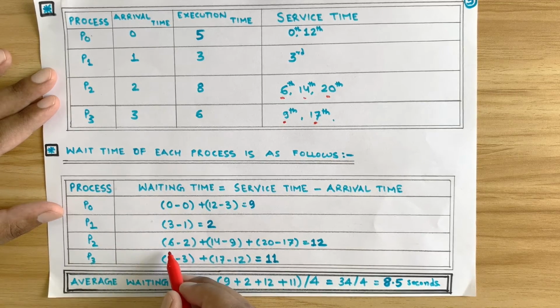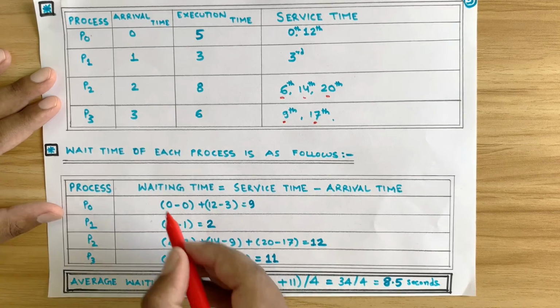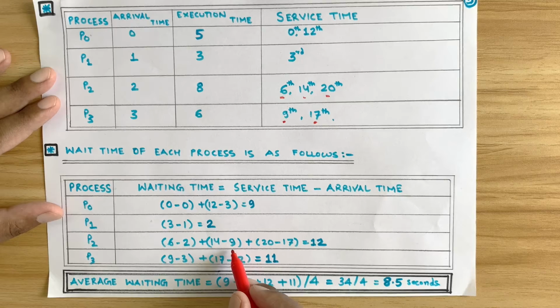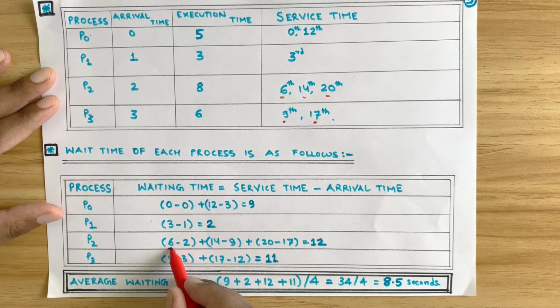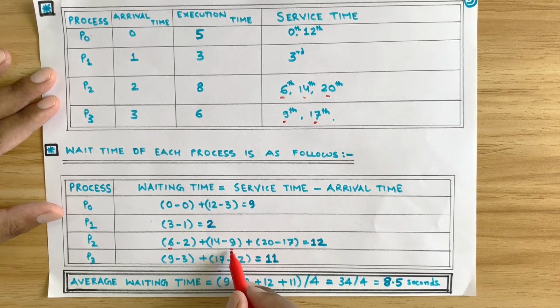P2 was provided service at 6th second, 14th second, 20th second, and its arrival times are: the first one is 2 seconds, the second one is 9 seconds, the third one is 17 seconds. Why is this 9 and 17? Since from 6 to 9 it executed, hence it returned back to the job queue at 9 second, hence 14 minus 9.